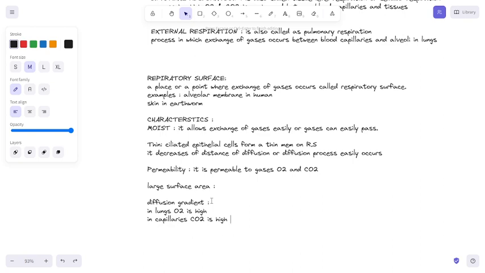How does the exchange of gases occur? Oxygen moves by the process of diffusion, from high concentration to low concentration.